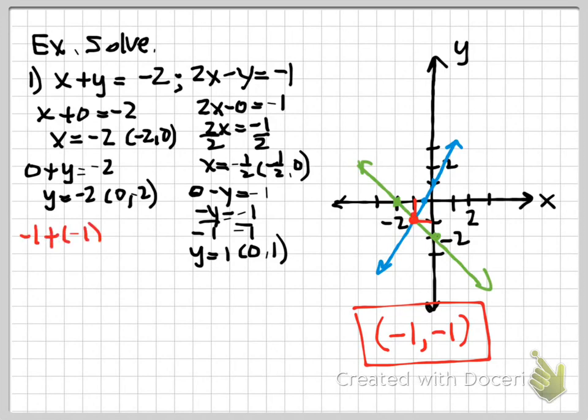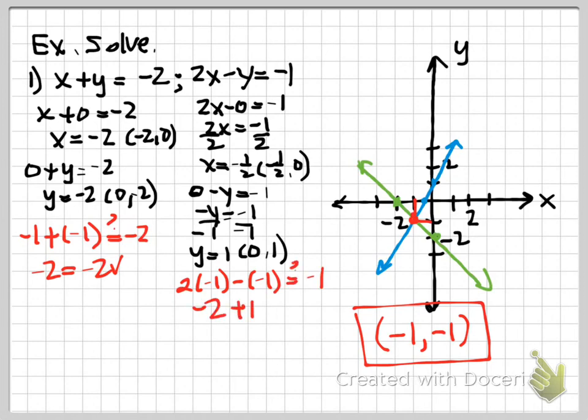Is -1 plus -1 equal to -2? Yes, so it satisfies the first equation. On the second one, is 2 times -1 minus -1 equal to -1? Well, we have -2 plus 1, which gives -1 equals -1. So that satisfies the second equation. It's the only point that satisfies both of them.